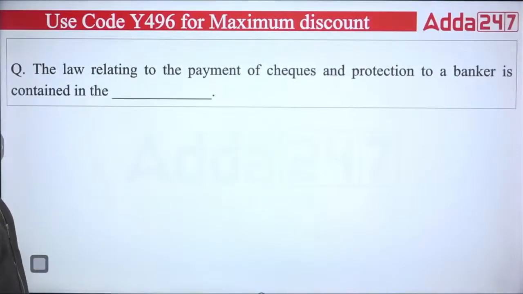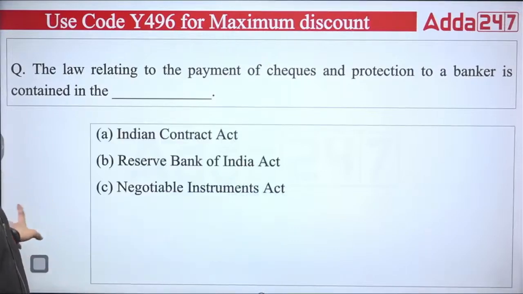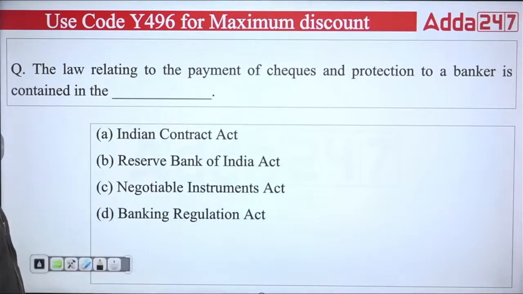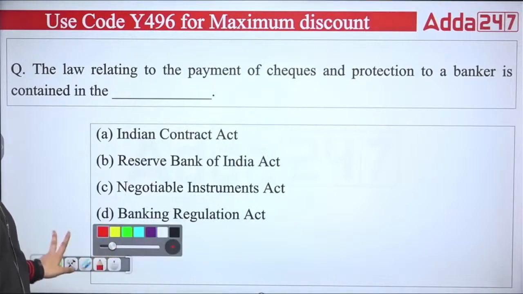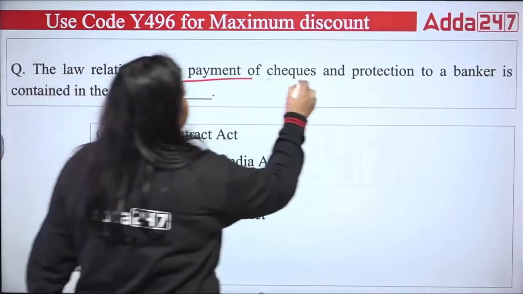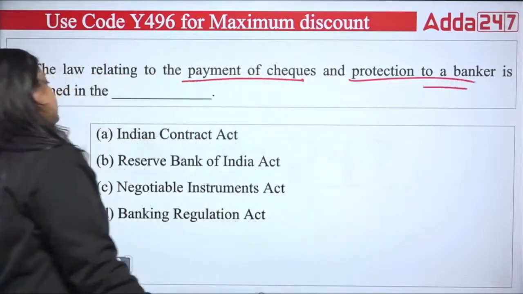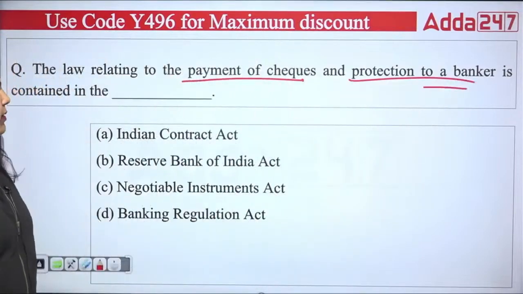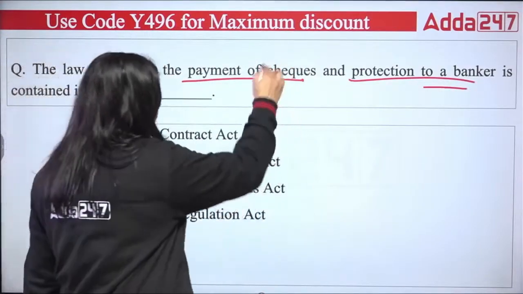So the first question is asking: the law relating to the payment of checks and protection of a banker is contained in the dash. In which act, actually, is the law related to the payment of check and protection of a banker defined? So when we talk about a check, what is a check?